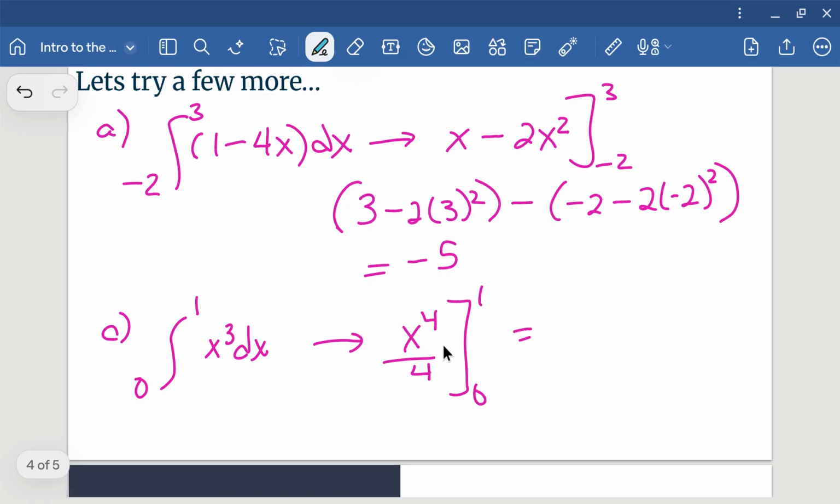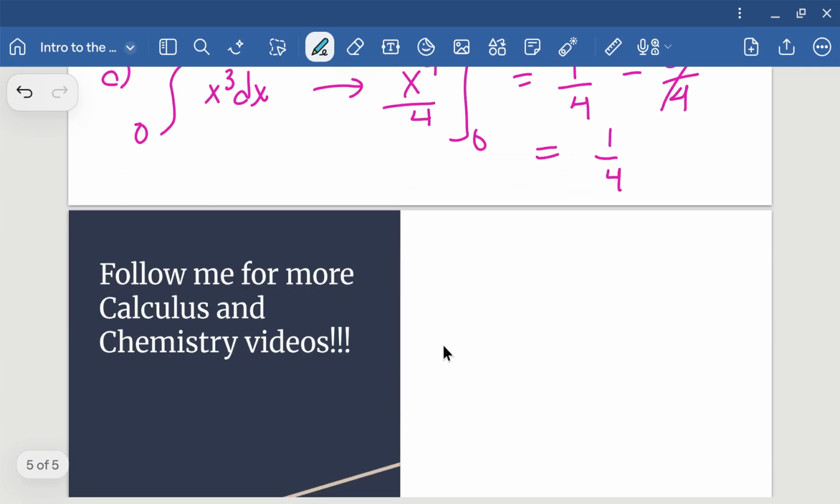So we'll plug in the 1: 1 to the power of 4 divided by 4, and then subtract 0 to the power of 4 divided by 4. Of course, that's just 0, and this would just be 1 over 4. Hopefully you're finding this nice and easy, just plugging in some values, pretty simple.